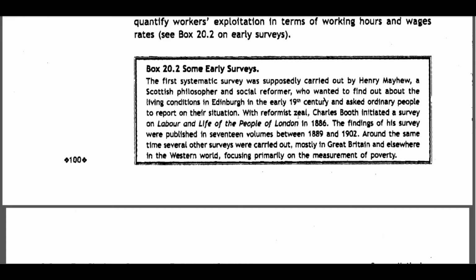With reformist zeal, Charles Booth initiated a survey on labor and life of the people of London in 1886. The findings of this survey were published in 17 volumes between 1889 and 1902. Around the same time, several other surveys were carried out, mostly in Great Britain and elsewhere in the Western world, focusing primarily on the measurement of poverty.